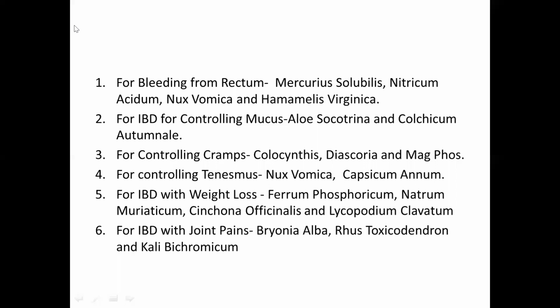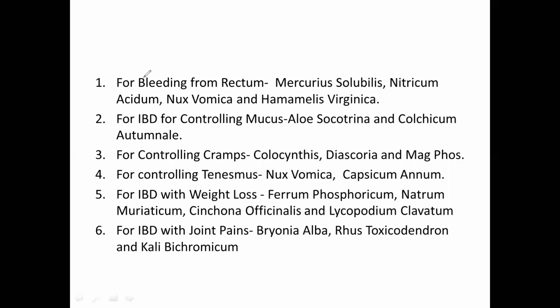Then I have classified some drugs according to the condition. For bleeding from the rectum, that means proctitis or ulcerative colitis, mercsol, nitric acid, nux vomica, and hamamelis can be used.